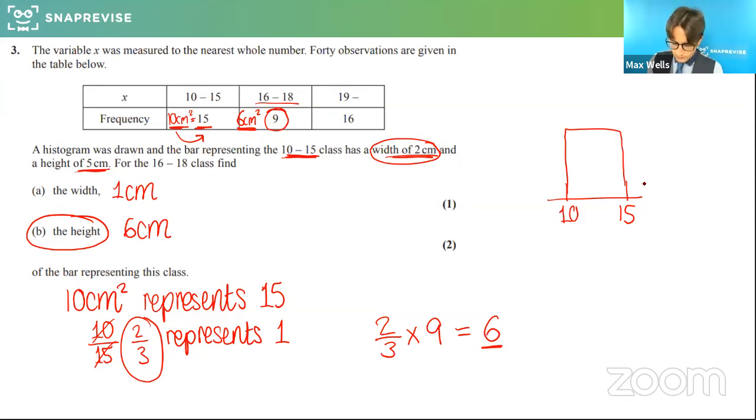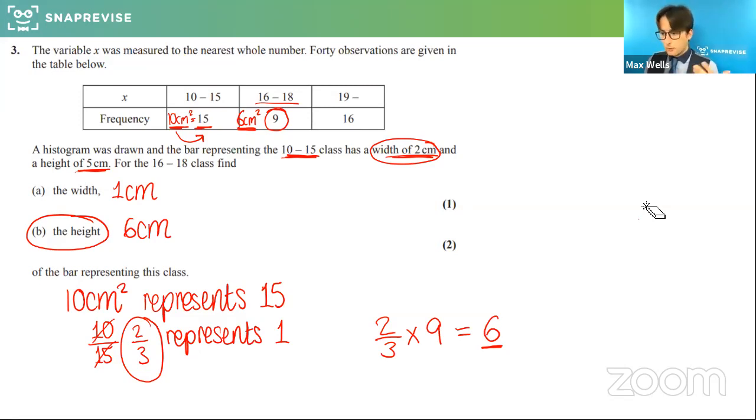But the next box is going from 16 to 18. So it won't be as wide, because it's got to be on the same scale, on the same axis. So we need to be really careful to keep the widths in proportion on the same axis, but think about the overall area to determine the height, because the height is actually the frequency density.